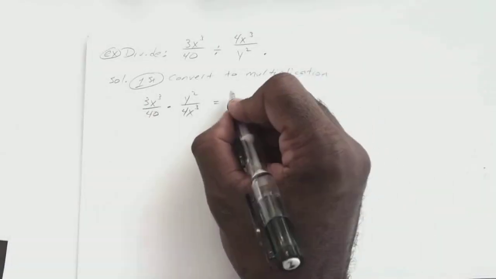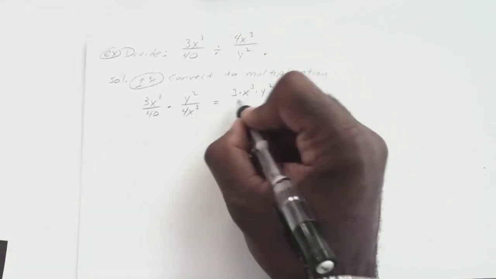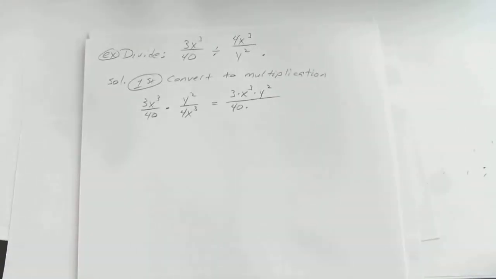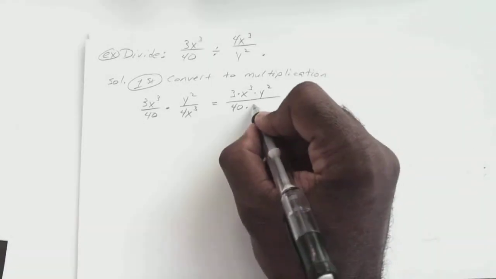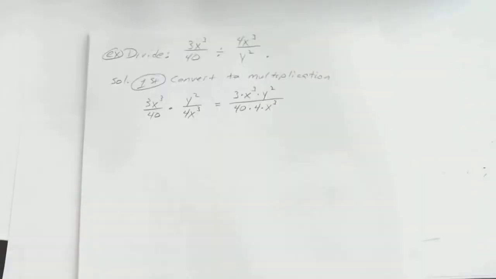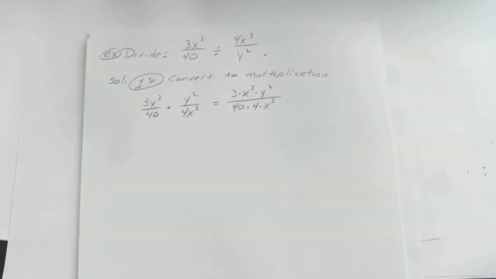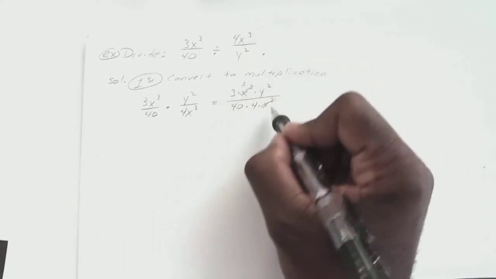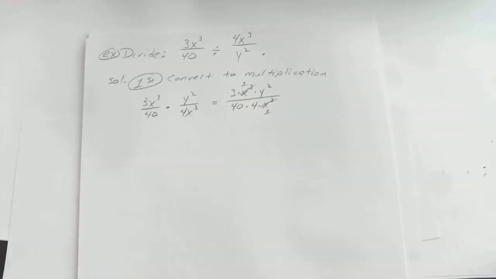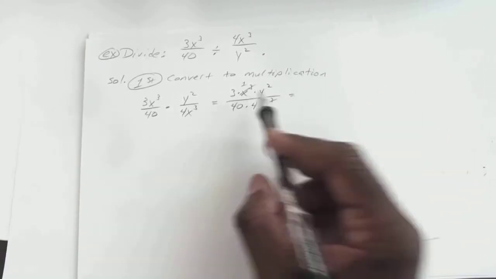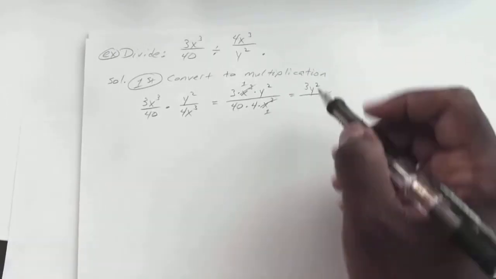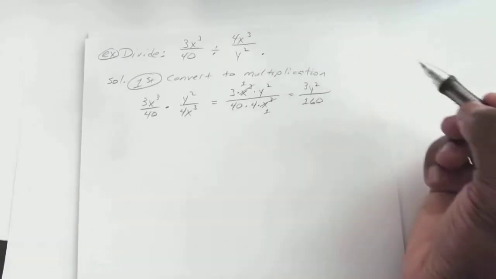So 3 times x cubed times y squared over 40 times 4 times x to the third. The only thing that cancels out are the two x to the thirds. That leaves us with 3 times y squared, so we have 3y squared over 40 times 4, which is 160.